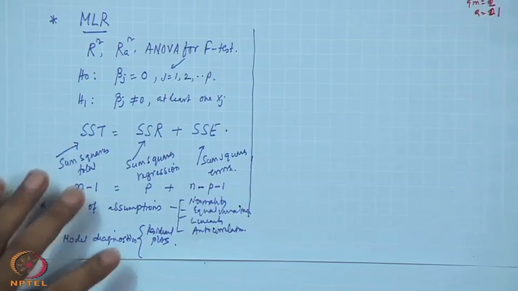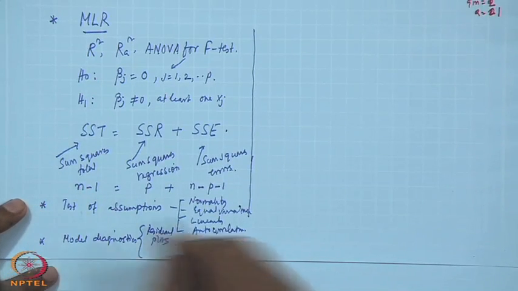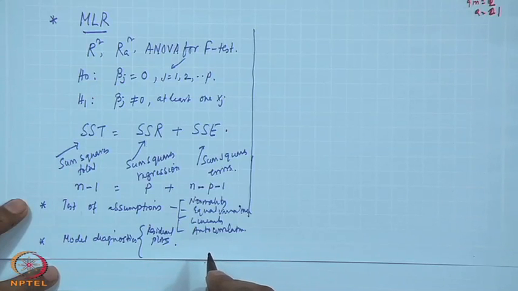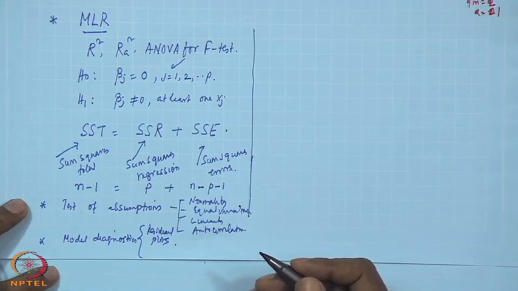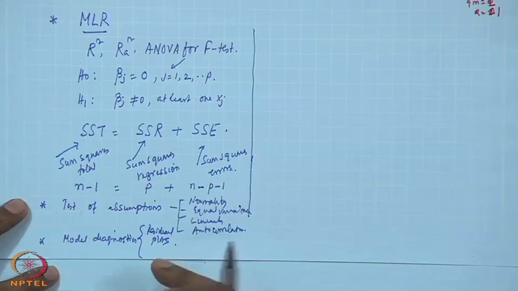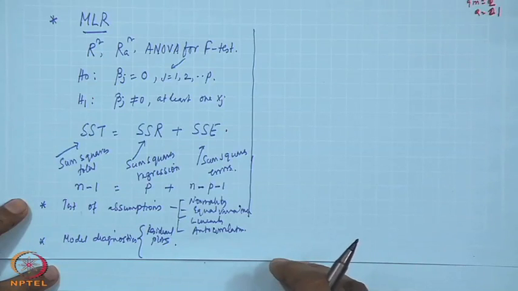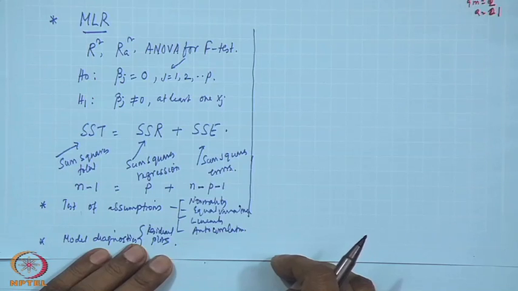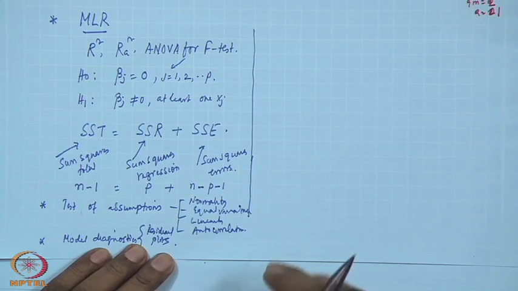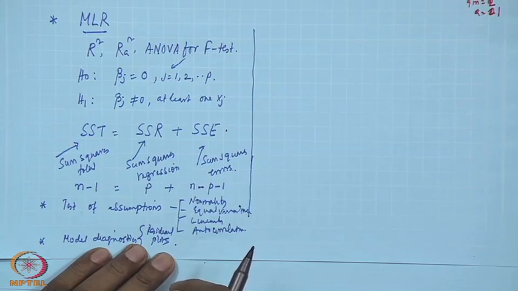And in multiple regression you find several different types of residuals, like studentized residuals, press residuals or deleted residuals, then standardized residuals, and ultimately Cook's distance, DFFITS, DFBETAS.